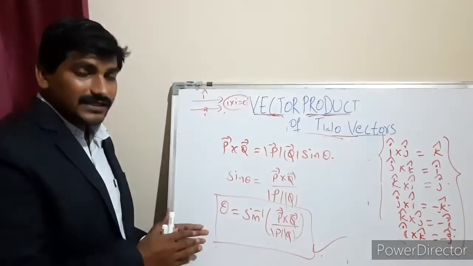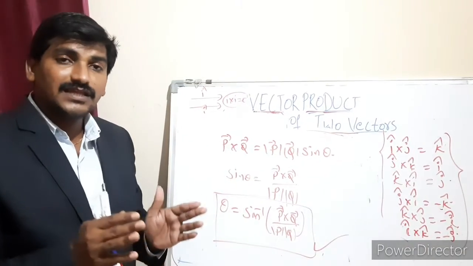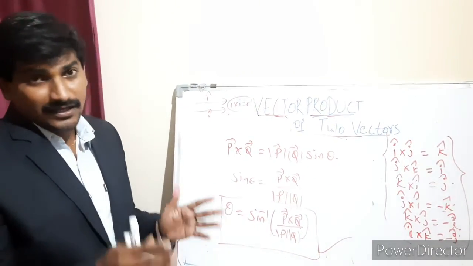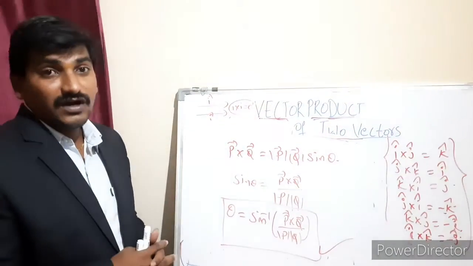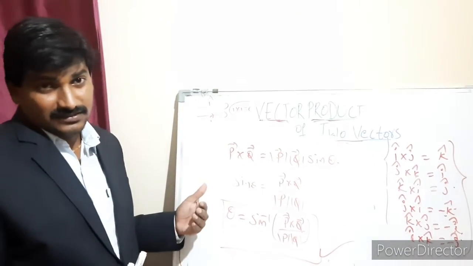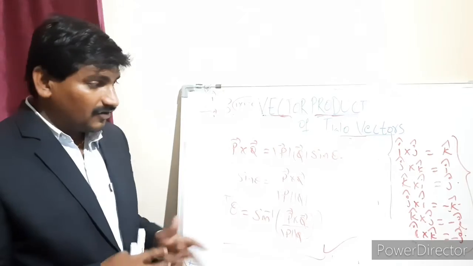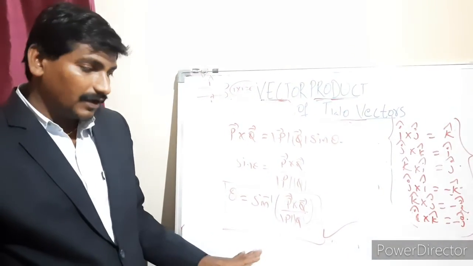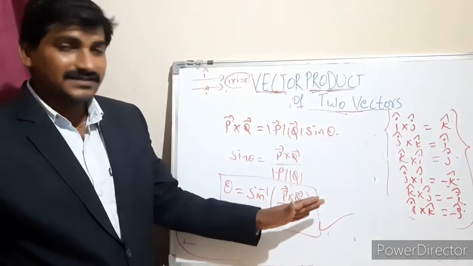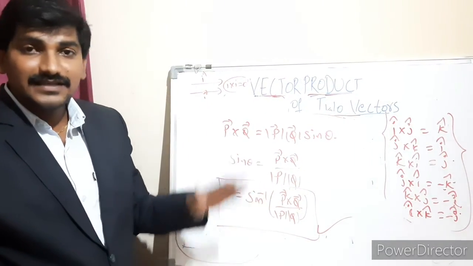If you know this, only then can you study the rotatory motion of a system of particles in 11th standard. If you know the dot product, only then can you understand the concepts of work in 11th standard. These are important, don't avoid them. It is always helpful in physics to understand things in an easy manner.